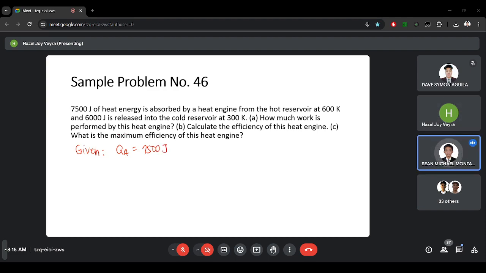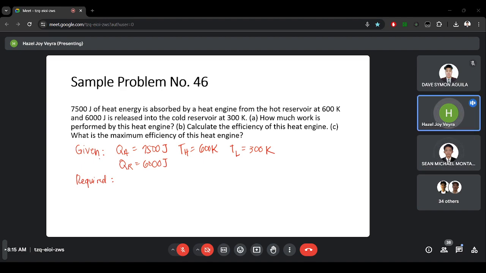Then, TH is 600 Kelvin. Then, the 6,000 joules is QR. Then, TL is 300 Kelvin. Okay. What are the required? The required are the work net, the work, and the efficiency and maximum efficiency.